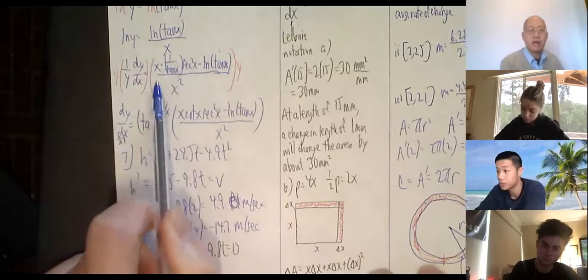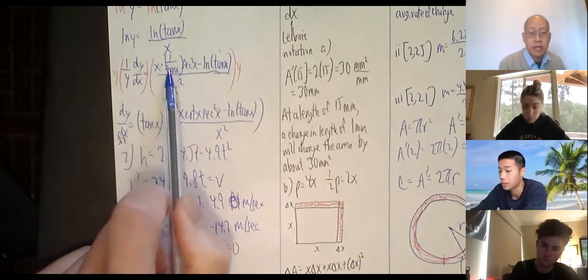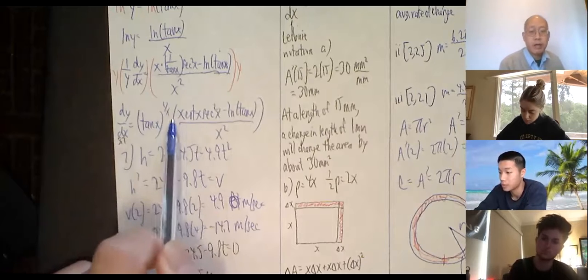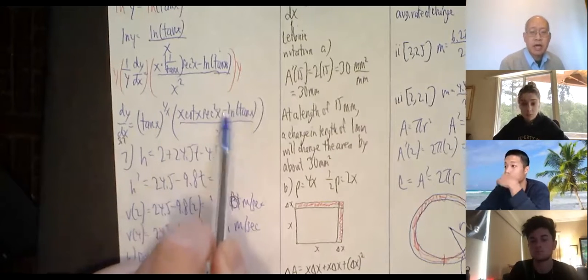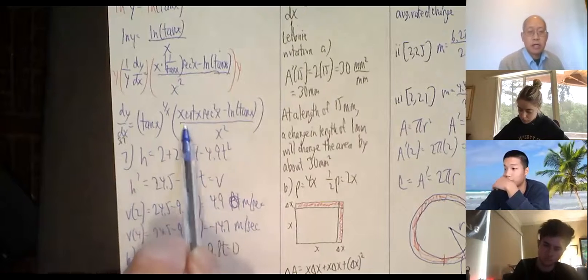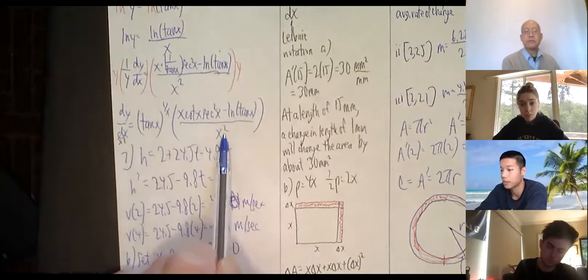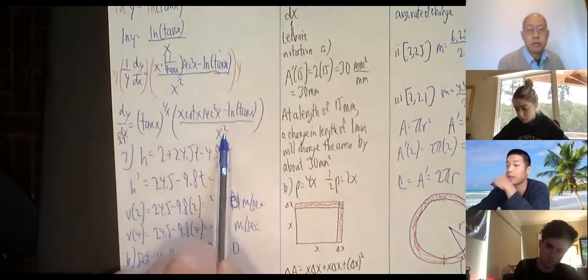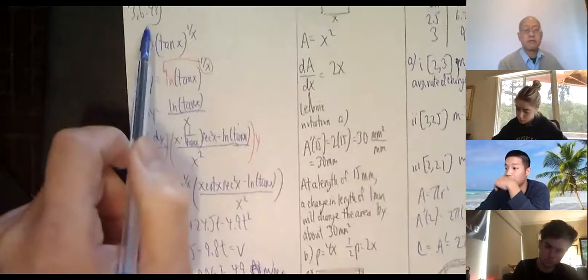And the only thing I made a little bit nicer is this is 1 over tangent, right? What's 1 over tangent? Cotangent. So x cotangent x secant squared x, minus natural log of tangent x, that whole thing divided by x squared. Okay, so that's problem 49.